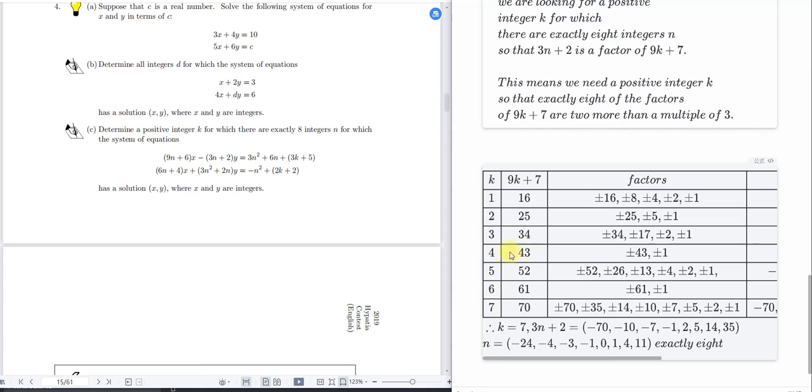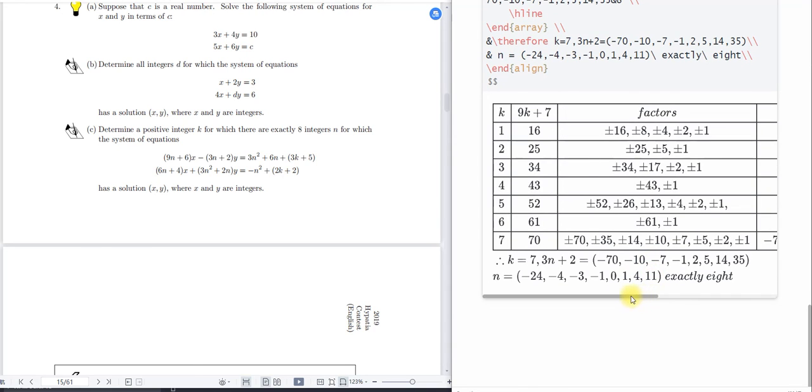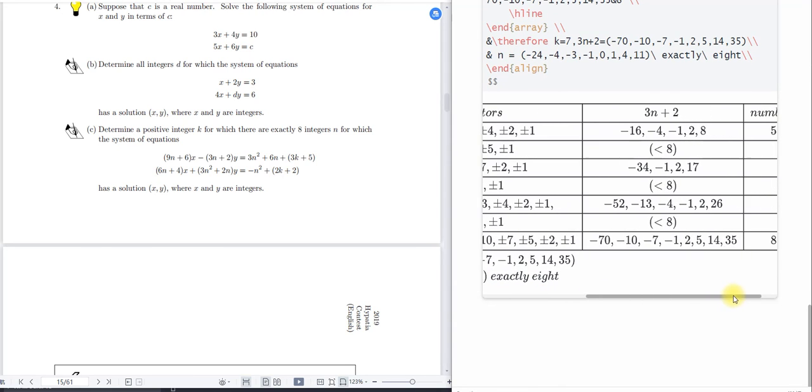For 4 and 6, they are prime numbers. There are only 4 factors, less than 8. And we'll try 5, and we see there are only 6 that are 2 more than a multiple of 3.